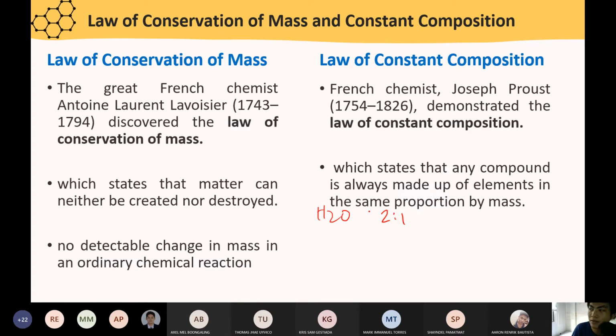Pag pinalitan mo yung kanilang ratio, ibang compound na daw yan. For example, H2O2, 2 to 2 yung ratio ng hydrogen and oxygen. So, ibang compound daw yan, sabi ni Proust. When you alter the composition of your substance, that means you are now referring to a different substance.